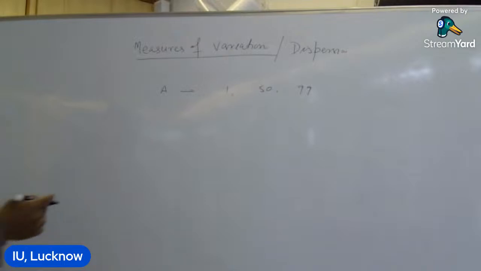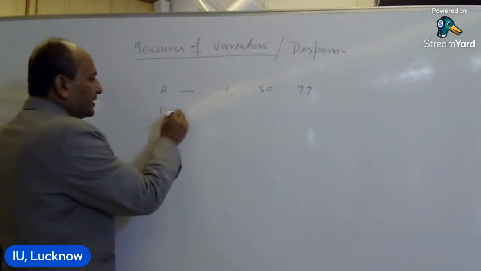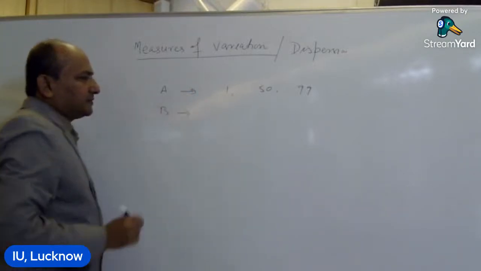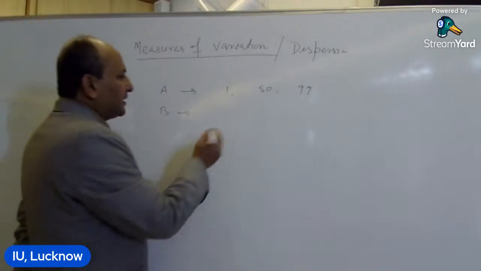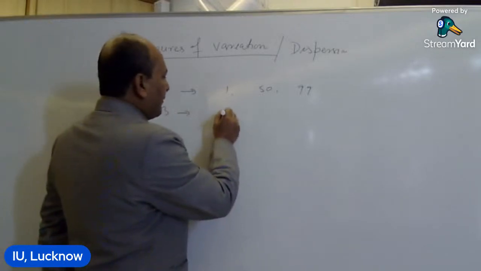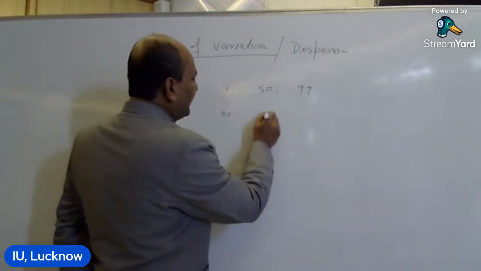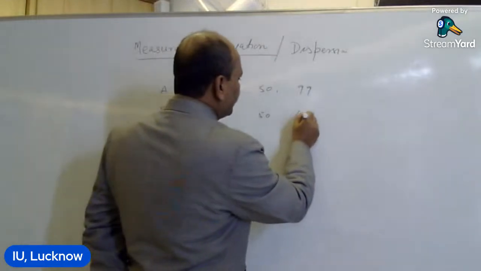Suppose some other set of observations, B, which includes the numbers 40, 50 and 60.